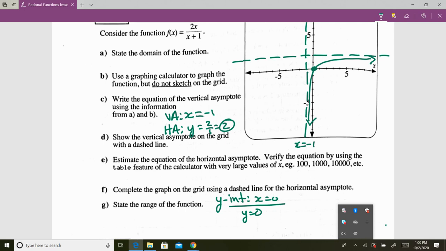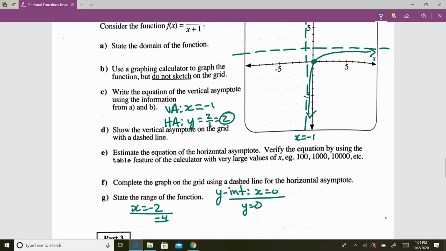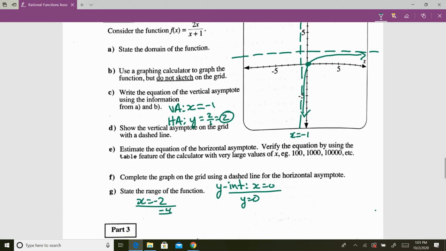All right. Is that okay? All right. Now, that's only half the graph. You need to graph something on this side of the vertical asymptote. So we can pick any point we want for x and see what value we get. What point do you want? -2. So if I test -2, x is equal to -2. 2 times -2 is -4. -2 plus 1, what's that? -1. So I get 4.